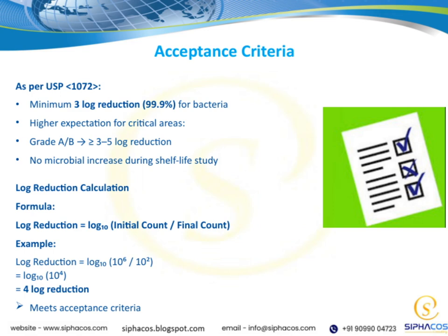For critical areas, the expectations are even higher. Specifically, for grade A and B environments, we're aiming for a reduction of 3 to 5 logs. That's a 99.9% to 99.999% reduction, emphasizing the importance of microbial control in these sensitive zones.